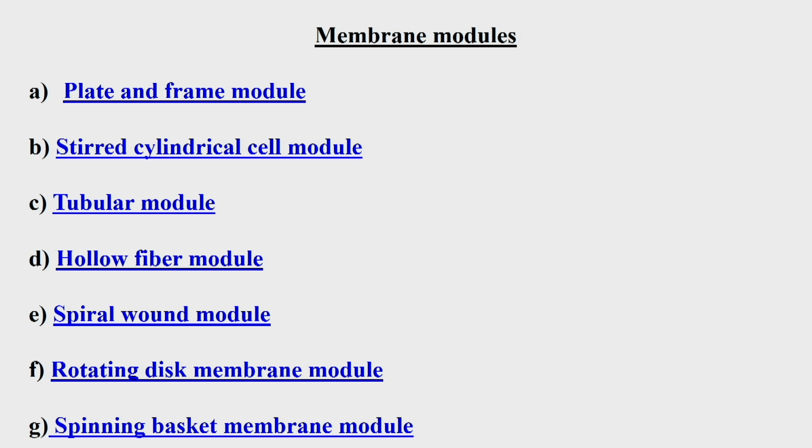Then we have the stirred cylindrical cell module, the third is the tubular module, the fourth is the hollow fiber membrane module, the fifth is the spiral wound membrane module, the sixth is the rotating disc membrane module, and the seventh is the spinning basket membrane module. Other membrane modules are also available at pilot scale as well as industrial scales. We will be discussing all these membrane modules briefly.